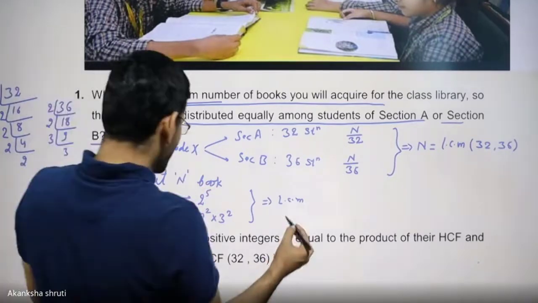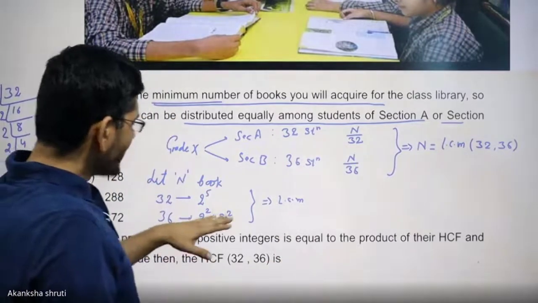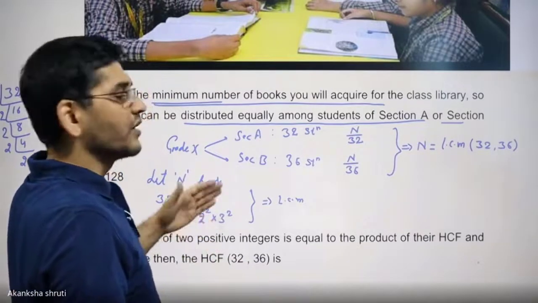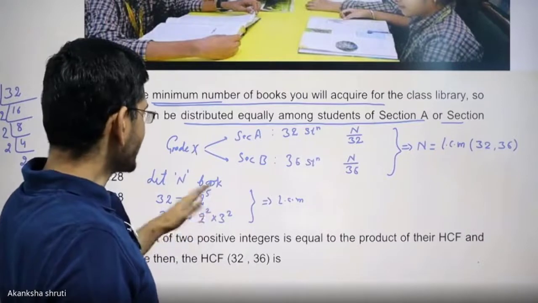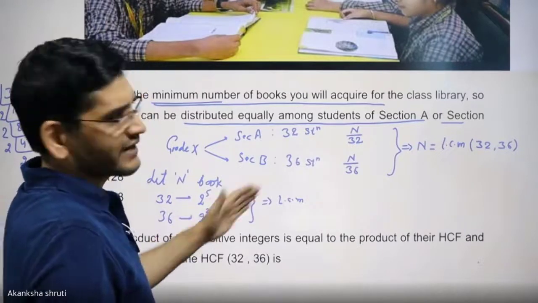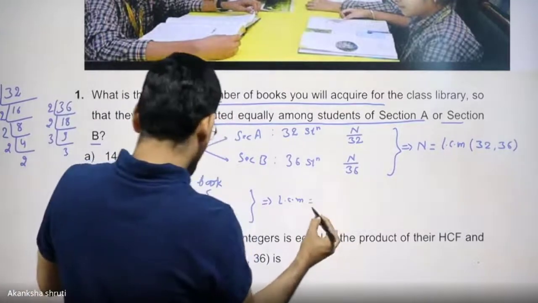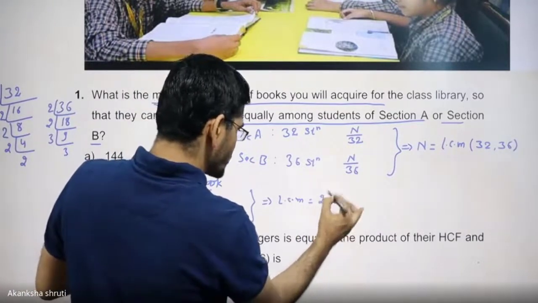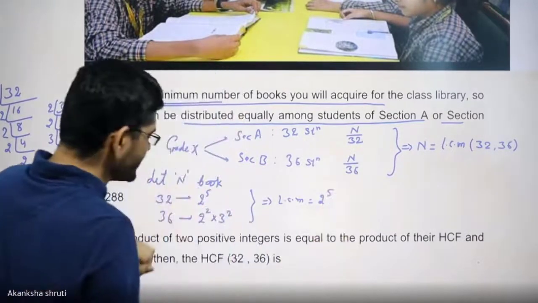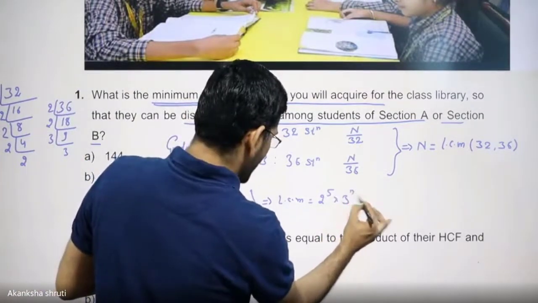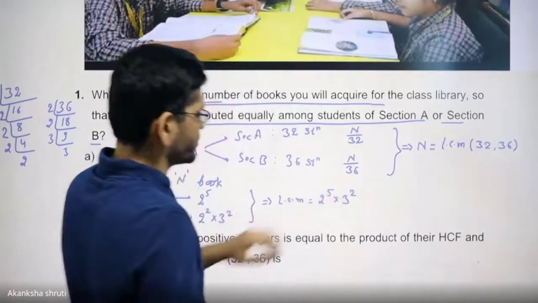So LCM is the product of the factors with highest power, whether it is common or not. If it is common, take the highest power. If not common, then take that power. So here 2 is the common factor, so 2 to the power 5 has to be taken, but 3 is not common, so 3 square has to be taken as it is in the product.